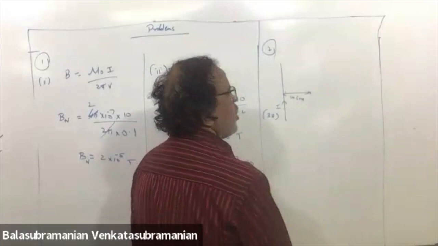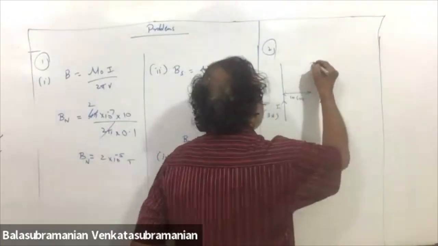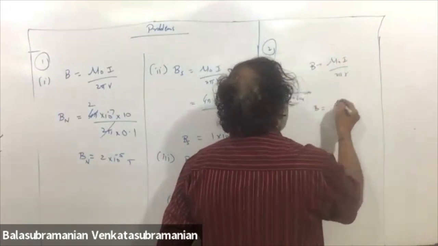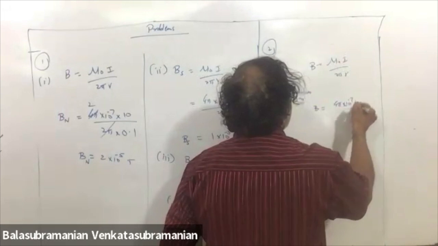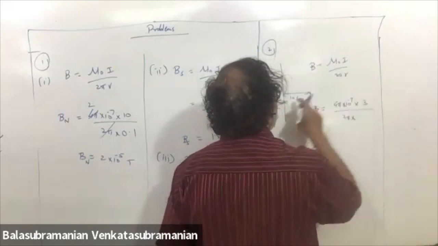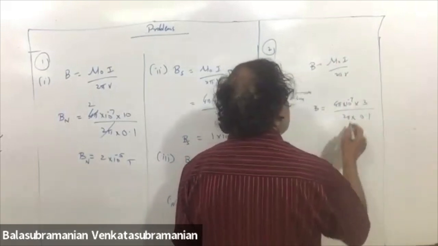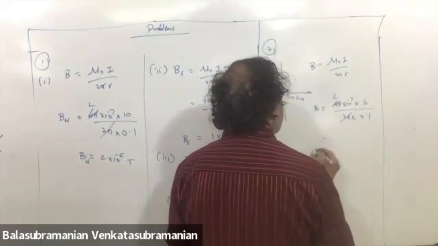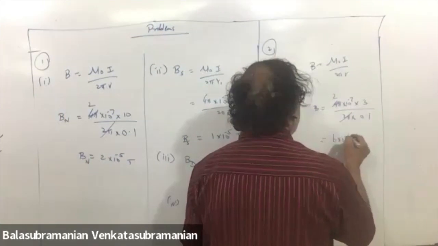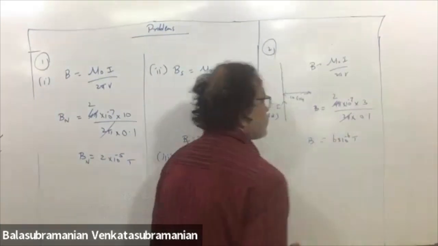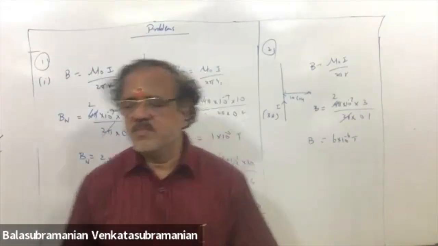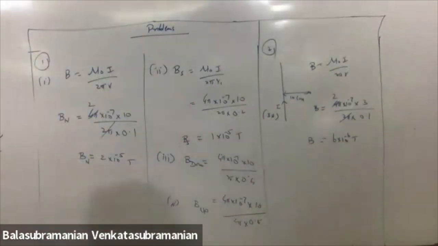So this is an infinitely long straight conductor. Same formula: B is equal to mu naught I by 2 pi r, 4 pi into 10 power minus 7, current 3 ampere by 2 pi into distance 0.1. 2 pi, 4 pi: 6 times, 2 times, 6, and this is 1 by 10. 6 into 10 power minus 6 Tesla. Straightforward problem. Okay, this is the second one.